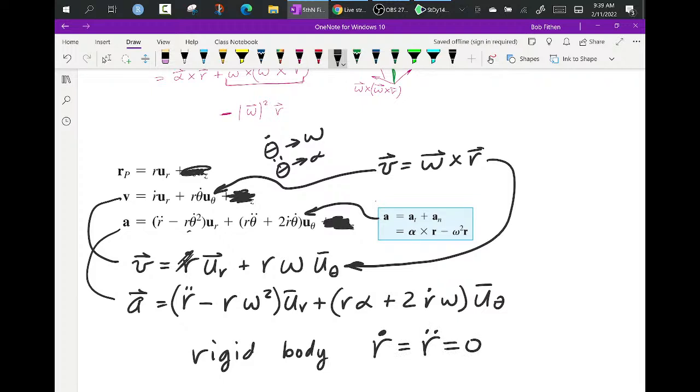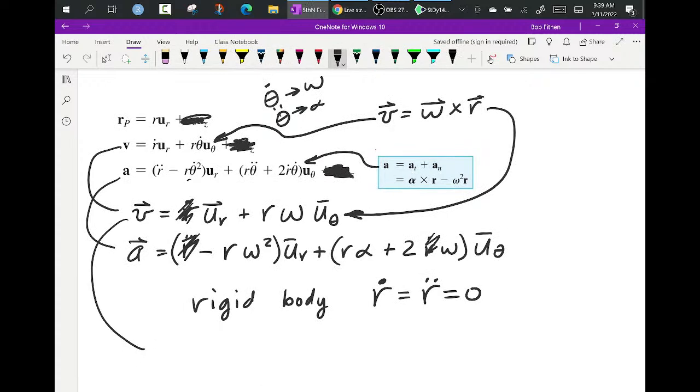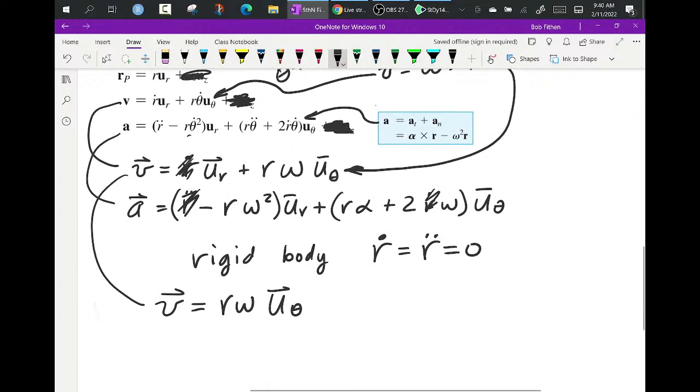So now this equation reduces to velocity is equal to r omega u theta, and acceleration is equal to minus r omega squared ur plus r alpha u theta.